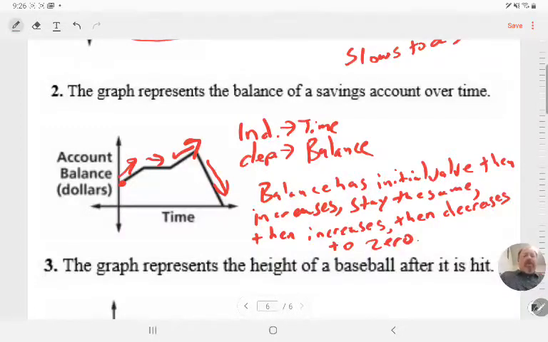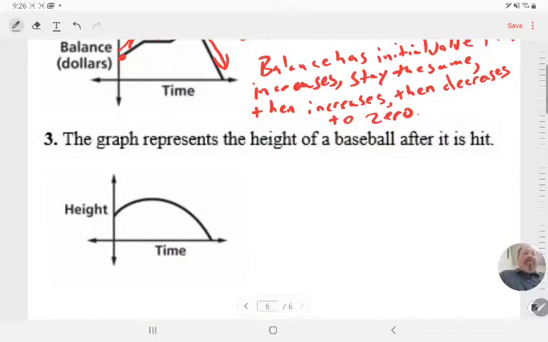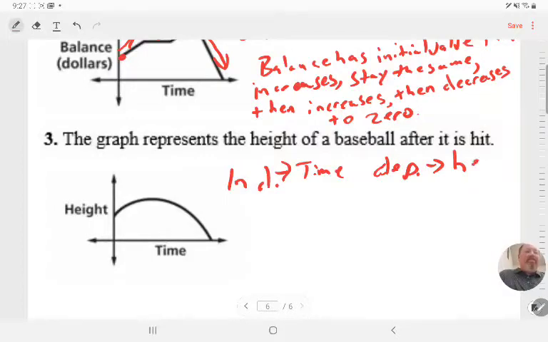Okay? All right. And then the third would be the graph represents the height of a baseball after it is hit. Okay? So my independent is going to be time. My dependent is going to be height. The height is dependent upon the time. All right.